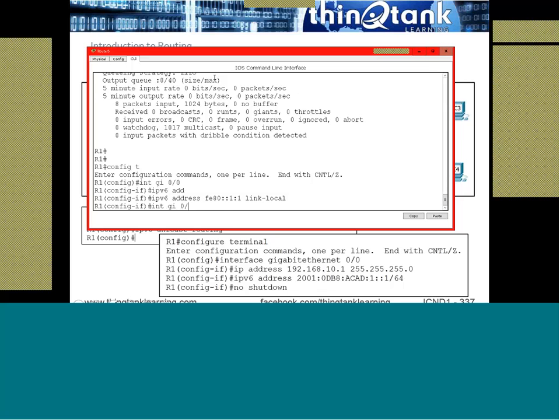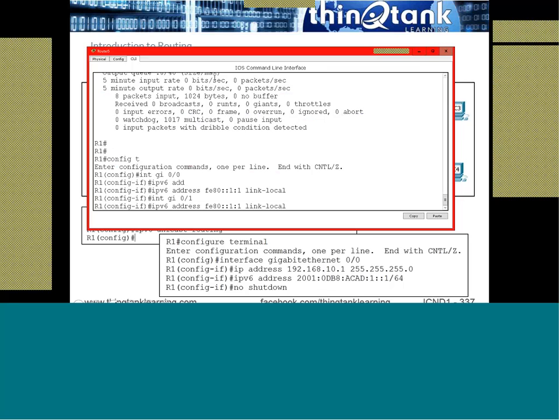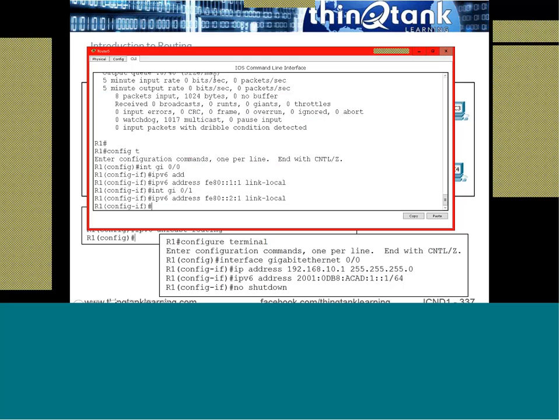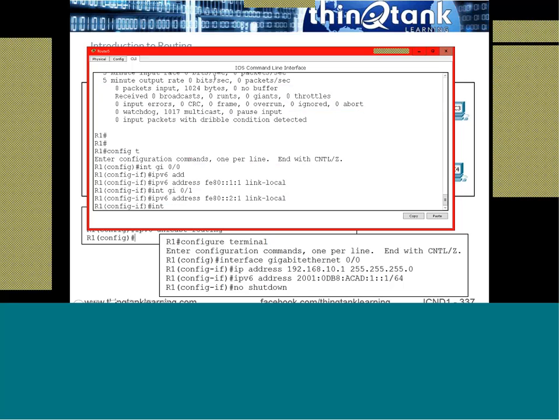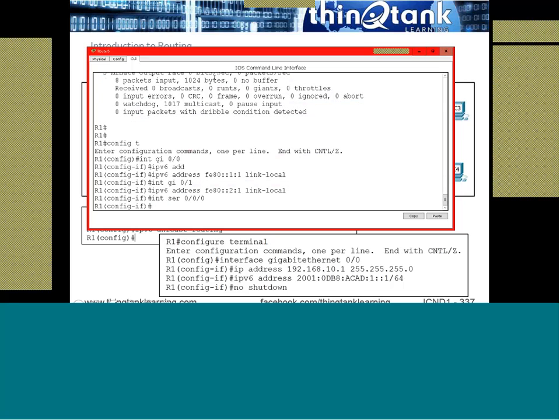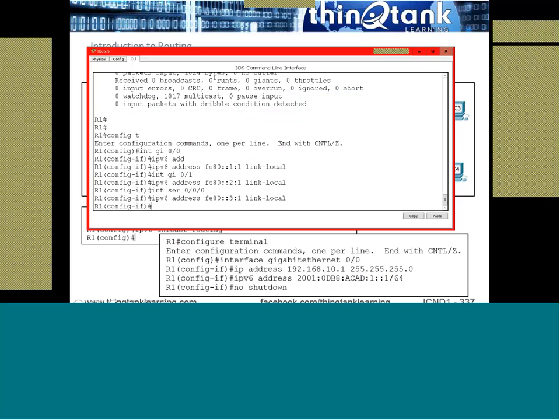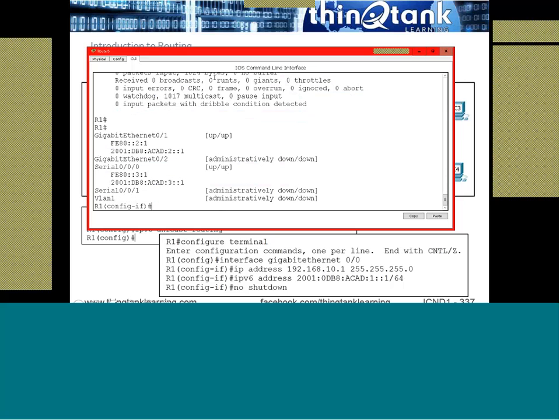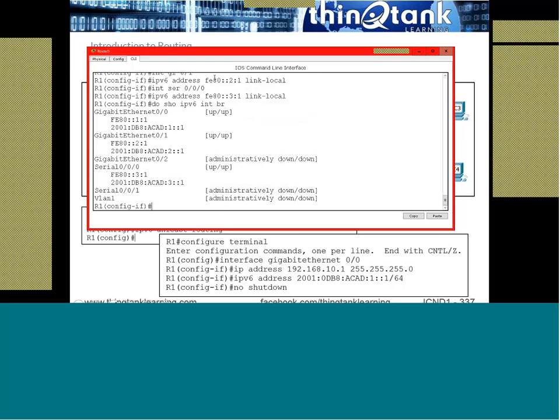Interface Gi0/1, we're going to go ahead and make this link local address 2:1. Interface serial 0/0/0, I'm going to make that link local address 3:1. Now if I do a show ipv6 interface brief, it's very clean, right?